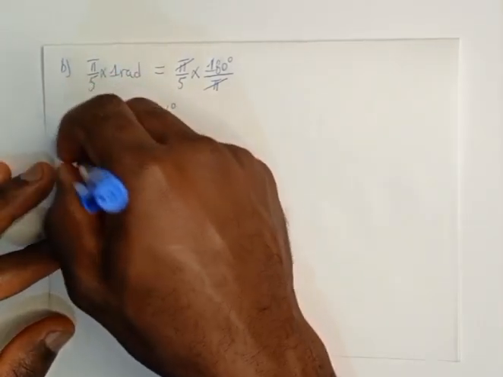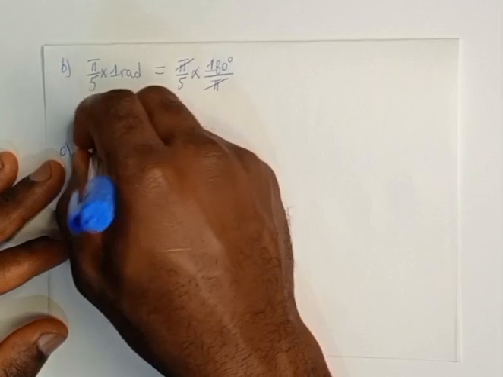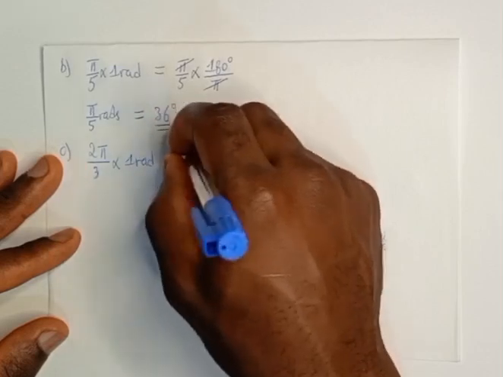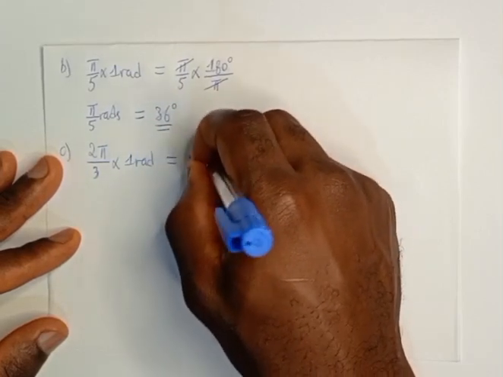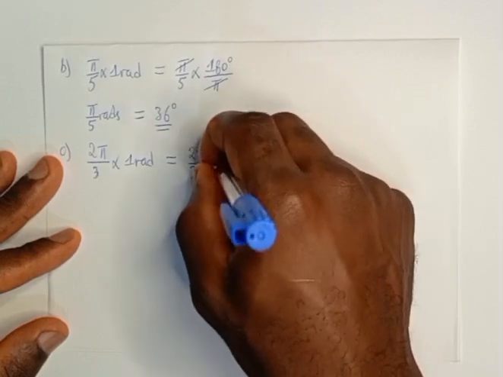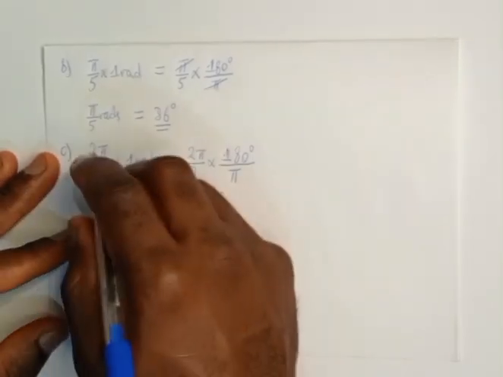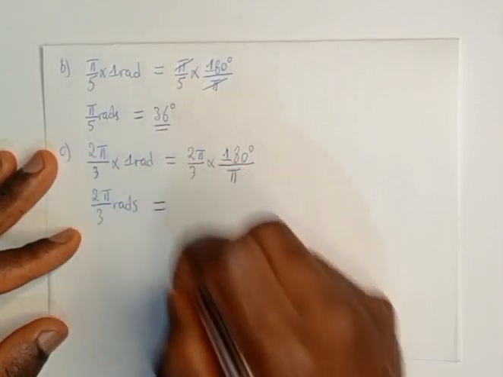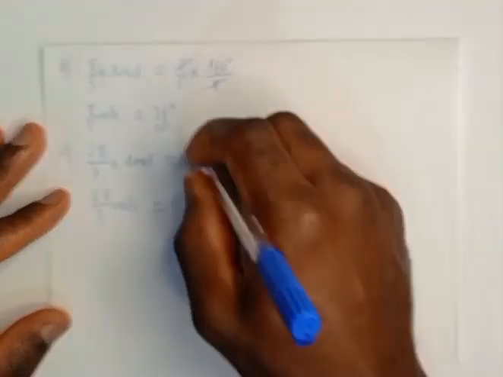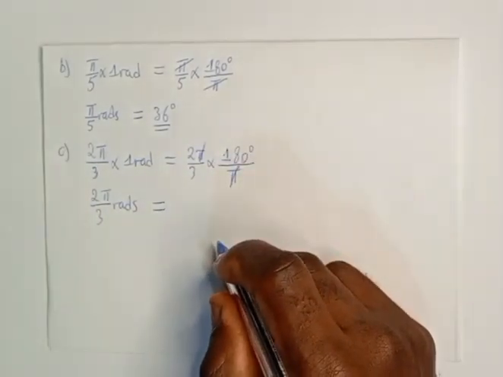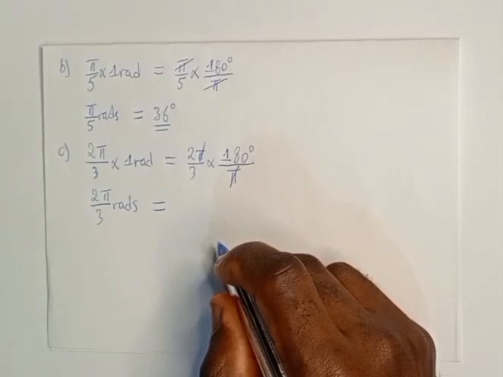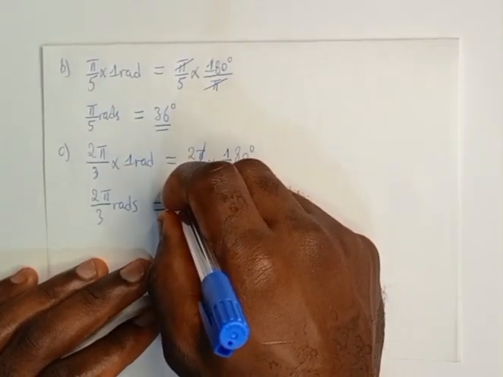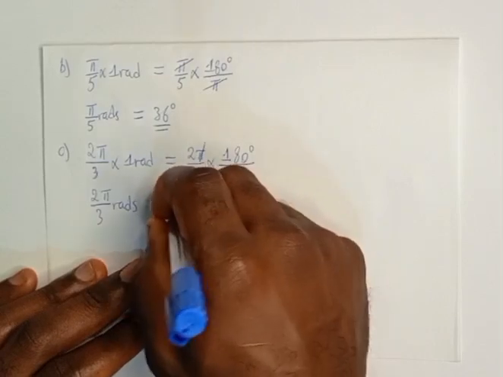We go to C. For C, we have to multiply both sides by the constant 2 pi on 3 times 1 rad is equal to 2 pi on 3 times 180 degrees on pi. 2 pi on 3 times 1 rad gives us 2 pi on 3 rads is equal to, simplifying the right hand side, the pi will strike off pi here. 180 divided by 3 gives us 60. 60 times 2 gives us 120 degrees.